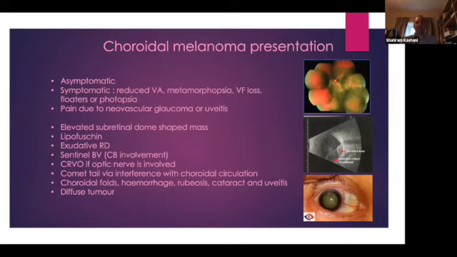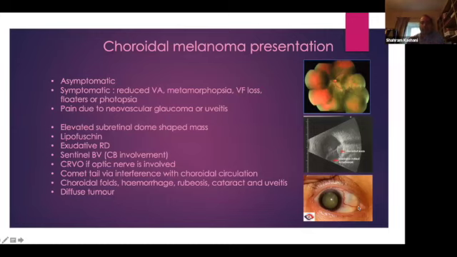And when you look at the back of the eye, you're often looking for this raised dome-shaped lesion, which might be associated with a localized retinal detachment on top of it. It's common to see the orange pigmentation in the form of lipofuscin. Sometimes, if you see the bottom picture here, you can see this thing called the sentinel vessel.